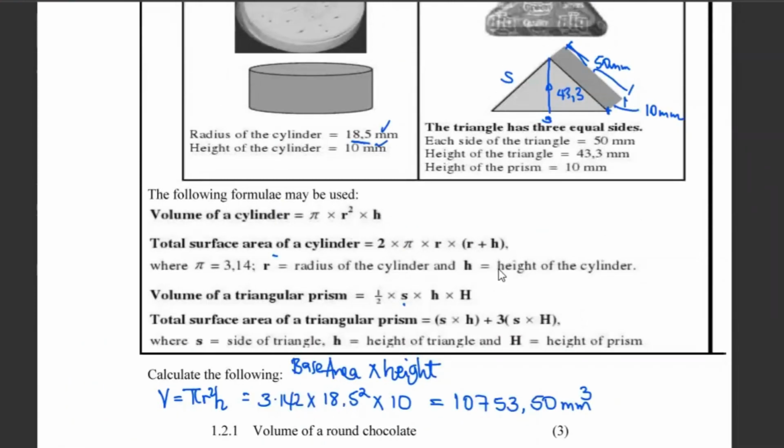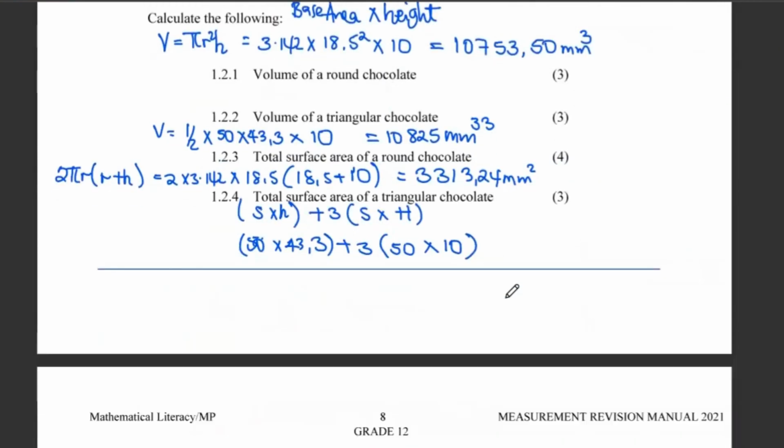Side of a triangle, this is the S. Height of the triangle, which is the small h, and height of the prism, which is the capital H. So here you know that my S is 50 millimeters, my small h will be 43,3, and my capital H is the 10.